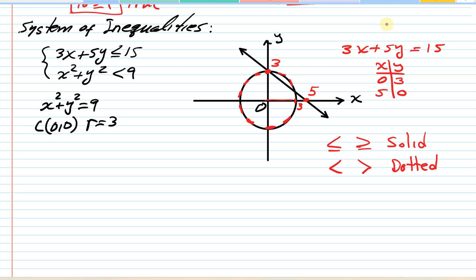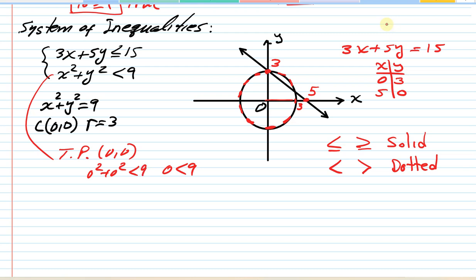Next, we're going to move to our test point now. The test point for the circle, or this one. I'm going to go 0, 0 as long as it's not on both shapes. Test point 0, 0. I'm trying it in the circle. So 0 squared plus 0 squared is less than 9. 0 is less than 9. And that is, of course, a true statement.